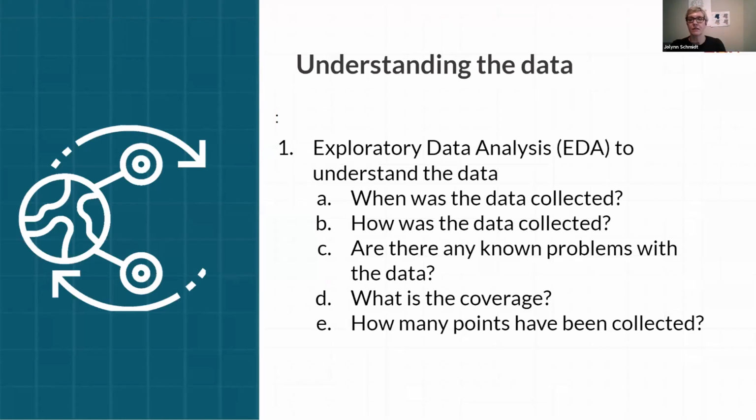Of course, there's the standard exploratory data analysis, but when you're collecting data from lots of different locations, there are other questions that are really important, such as when was the data collected, how was the data collected, and are there any known problems with the data? These will all help you make good decisions later on about what's the best location for a health facility.